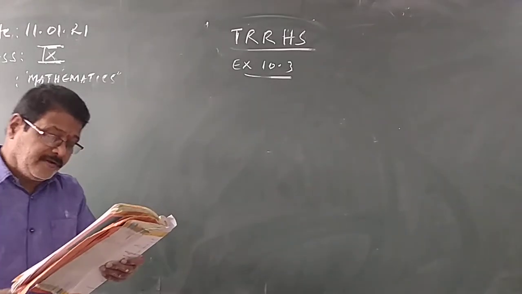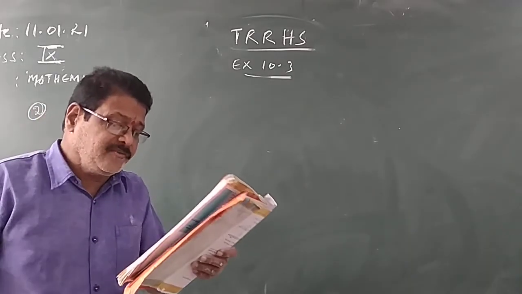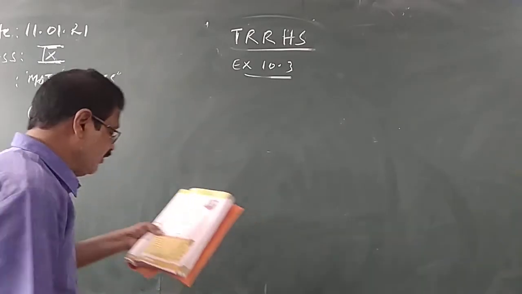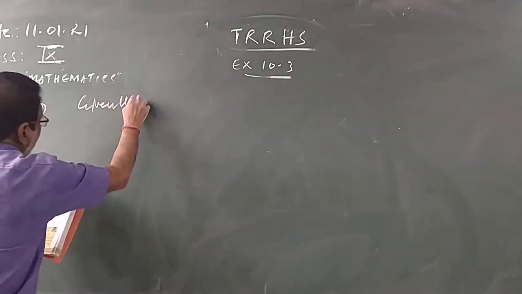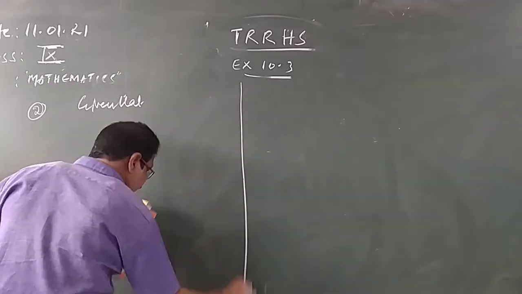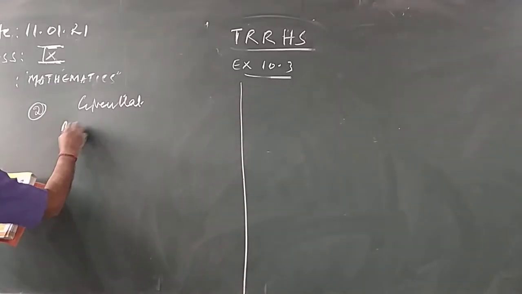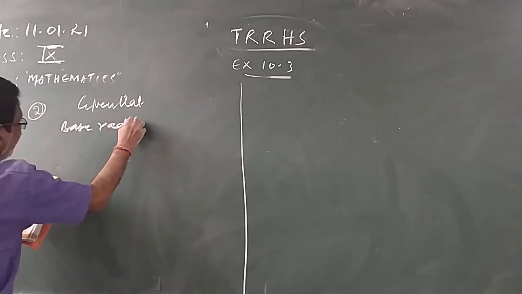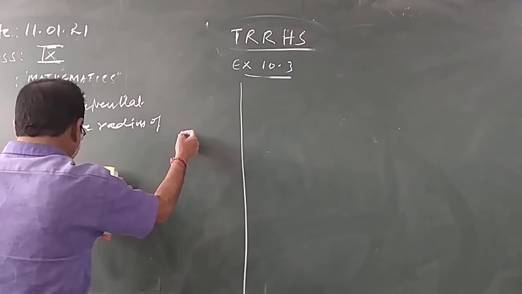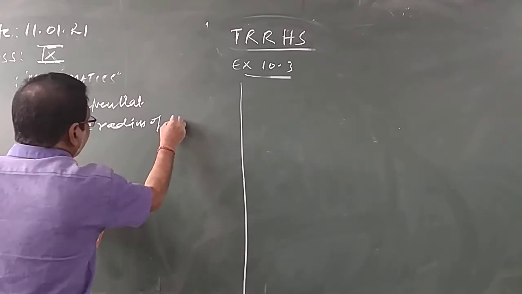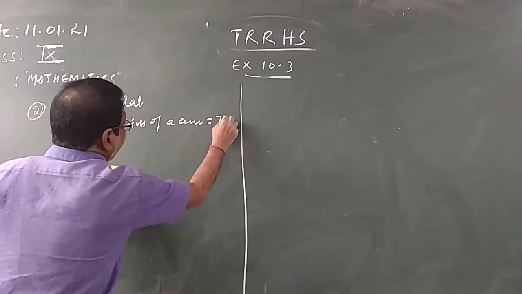Second problem. The volume of a cone is 462 cubic meters and its base radius is 7 meters. Find its height. Volume is given, base radius is given. The base radius of the cone is equal to 7 meters.